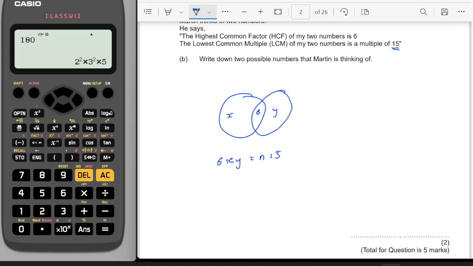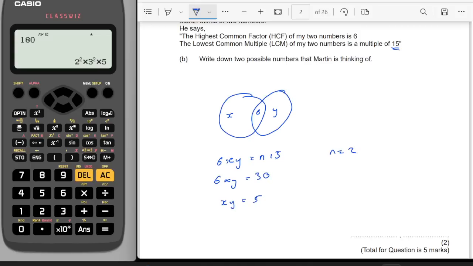There's going to be lots of options. The first number that I multiply 15 by to get a number that's a factor of 6 would be 2. So if I said n was equal to 2, then 6 times by xy would be equal to 2 times 15, which is equal to 30. So I'm looking for 2 numbers that multiply together to make 5.